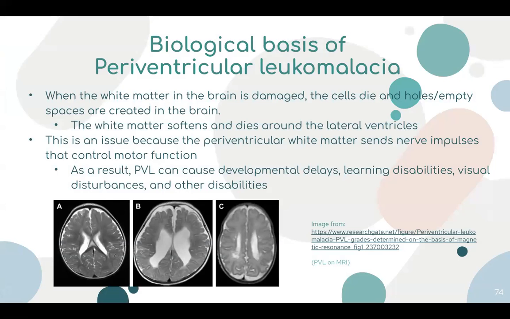And the white matter, as I mentioned before, softens and dies around these lateral ventricles. And this becomes a problem because the periventricular white matter sends nerve impulses that control motor function, and this gets affected. So as a result, PVL can cause developmental delays, learning disabilities, visual disturbances, and other disabilities in the infant.